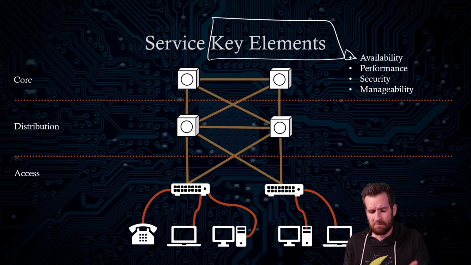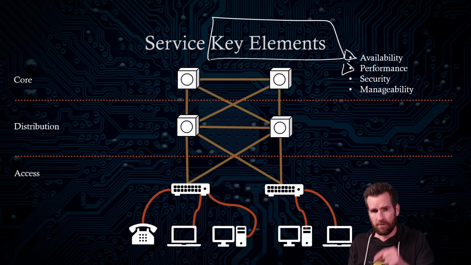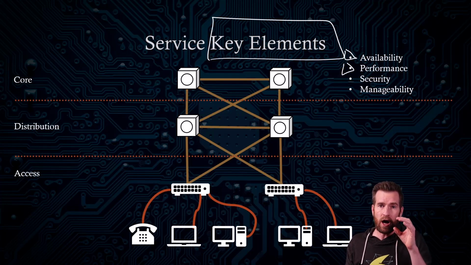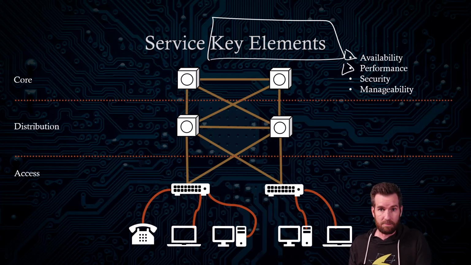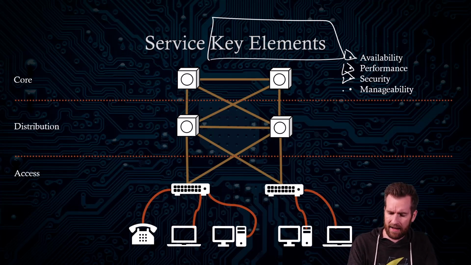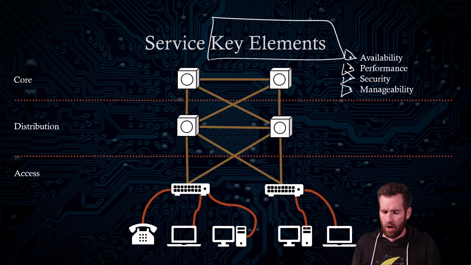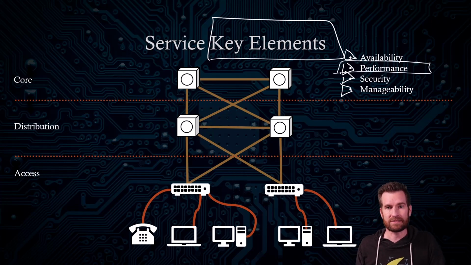Along with that same concept, we also want it to perform well, because a poor performing network will cause as much frustration as the availability of the network. We also want to make sure there's a certain amount of security involved, and also that whatever we're creating is manageable. Well, one of these, the performance, has to do with quality of service.